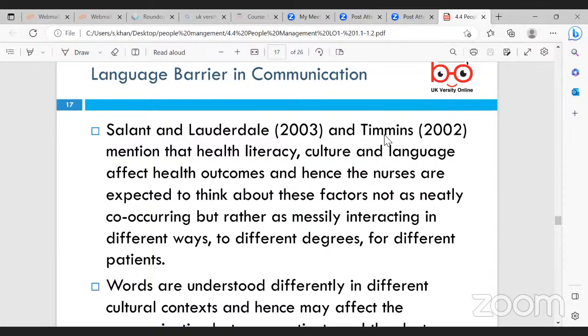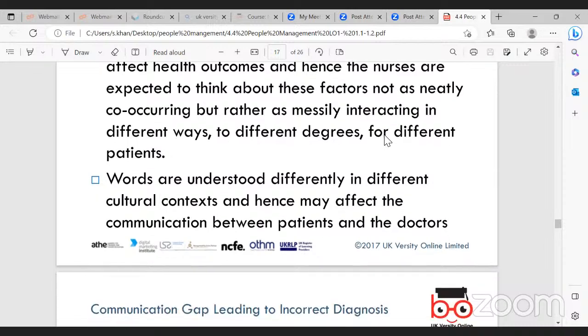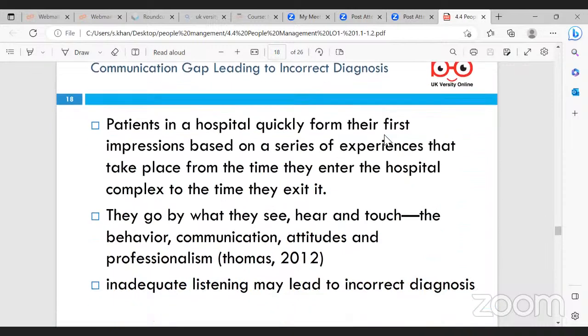Words are understood differently in different cultural contexts, and hence may affect communication between patients and doctors. That's really important to take in, the cultural barriers, because they affect how someone speaks, how someone listens, how someone conveys a message across and how it's communicated. So cultural barriers are really, really important in regards to that.